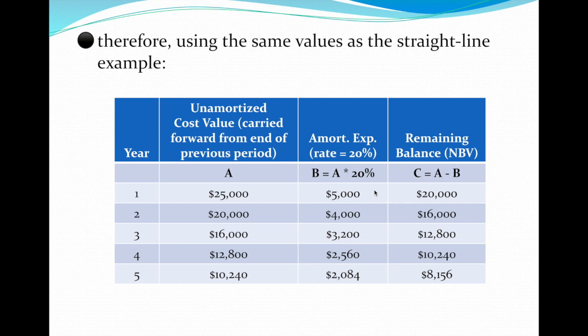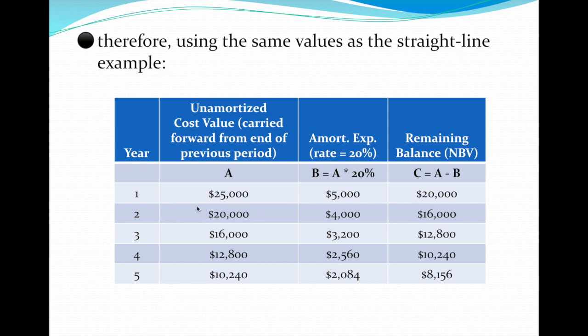And what we do then to calculate the net book value is take the historical cost minus the amortization expense. So $25,000 minus $5,000 is equal to $20,000. And then we take this $20,000 and we move it over here. From now on, we use the NBV to make our calculation.